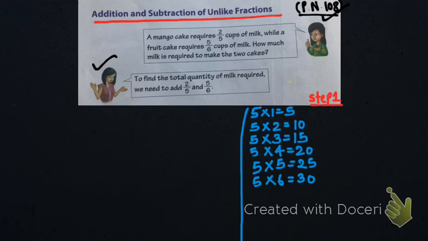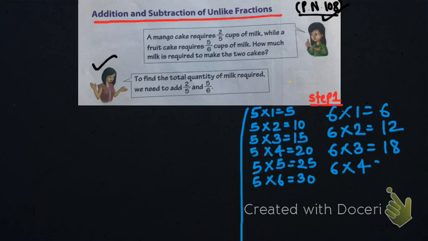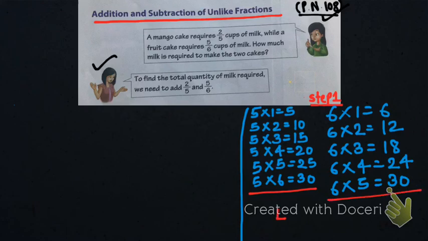So let's make the 6 table. 6 into 1 is equal to 6, like that 12, 6 into 3 is 18, 6 into 4 is 24, 6 into 5 is 30. Now you can see that in both the 5 and 6 tables, 30 is the number which comes first. So our LCM is what? Lowest common multiple.